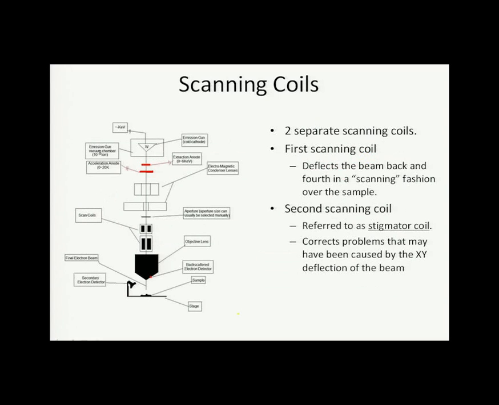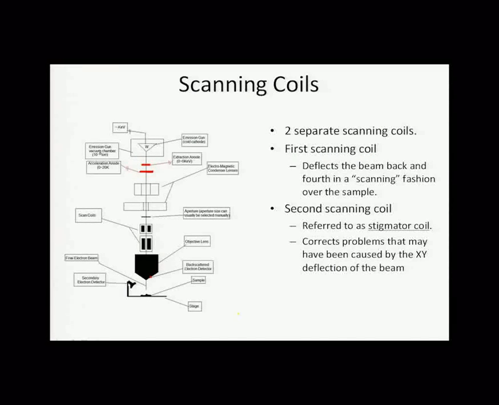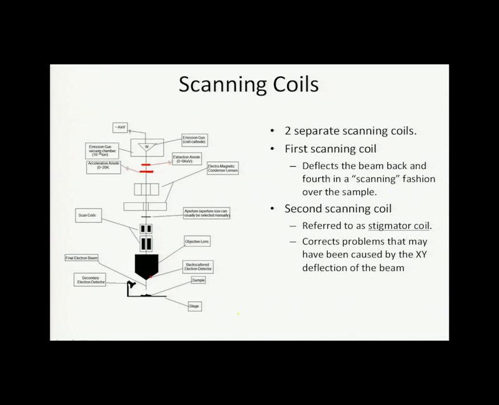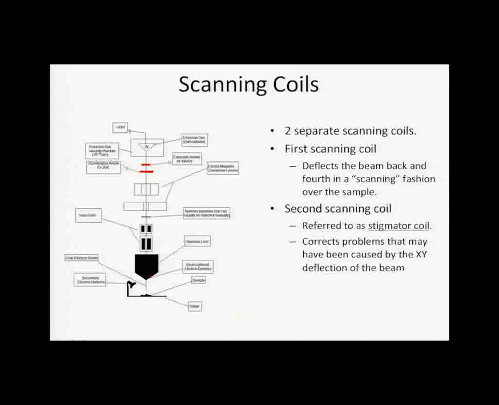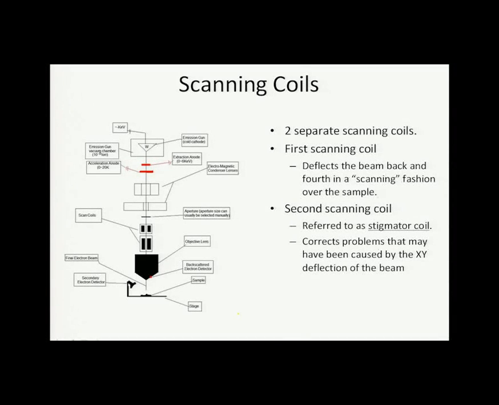Scanning coils. There are actually two separate scanning coils. The first one deflects the beam back and forth in a scanning or raster fashion. The second one is referred to as a stigmator coil. This helps to correct problems that may have been caused by the XY deflection of the beam. So the first one can shift the beam in the X and Y direction.